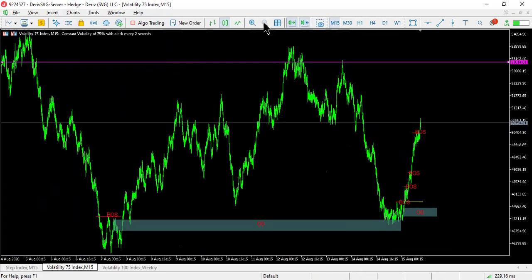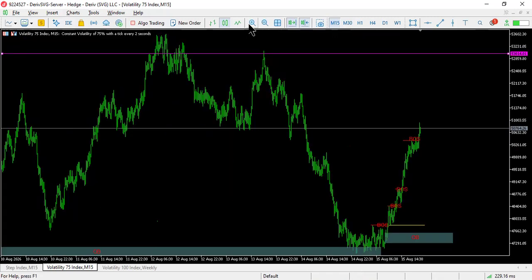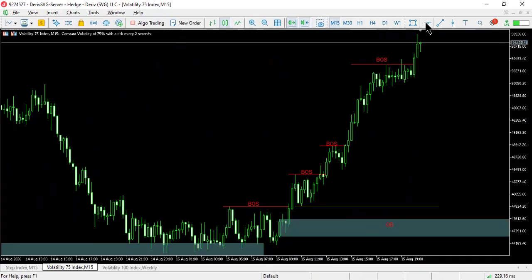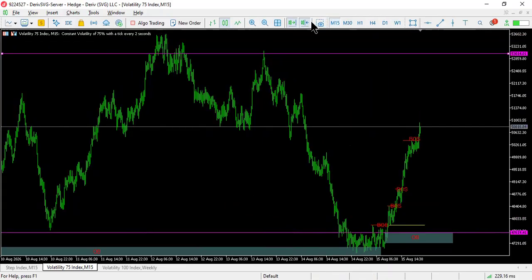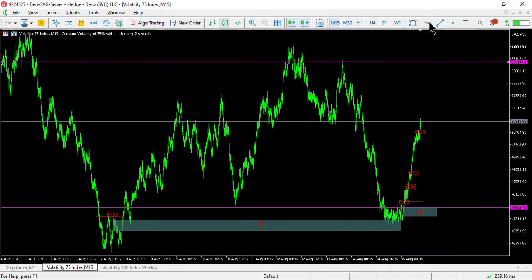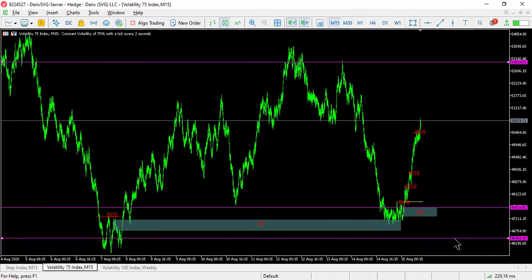Now I'm going ahead to give the coordinates for the buy limit on VIX 75. On VIX 75, stop loss slightly below the order block.